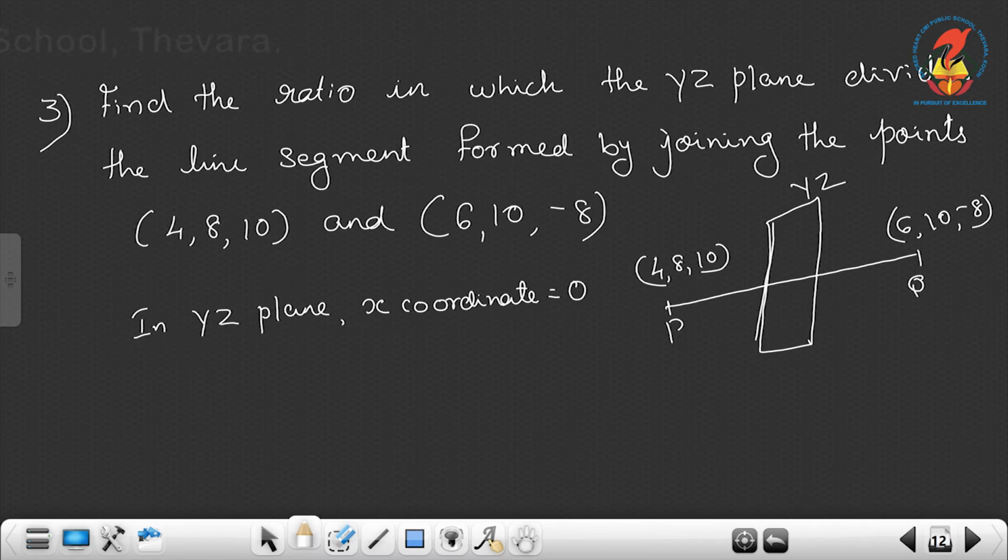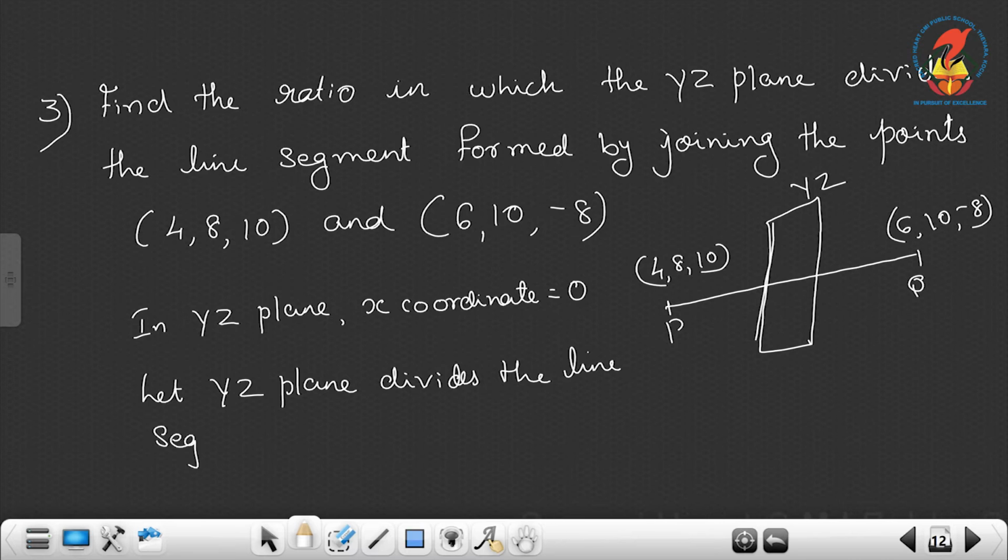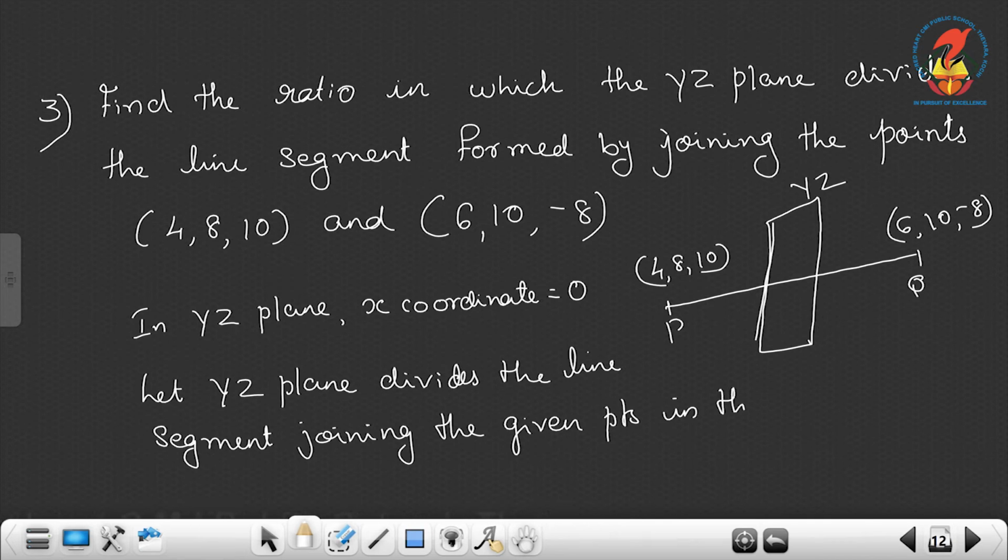Okay. So, here also we have to find the ratio. Let the YZ plane divide the line segment joining the given points in the ratio k is to 1.